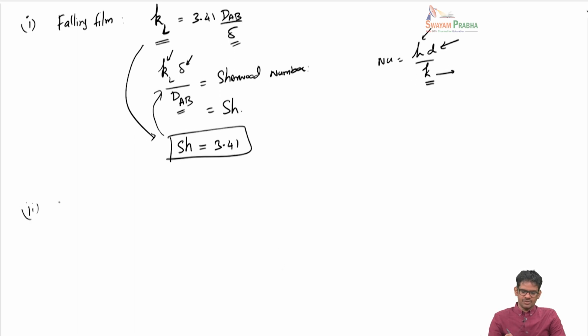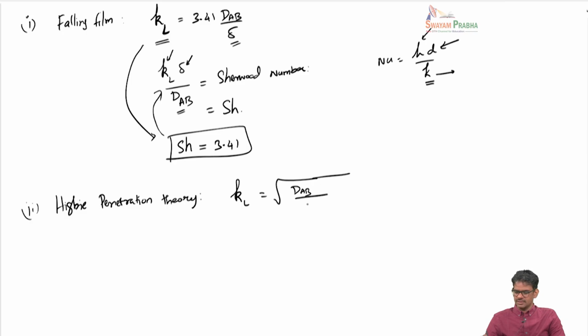Then there are theoretical approaches like Higbie's penetration theory, which predicts kL as square root of DAB divided by pi theta, where theta is some time constant or time scale associated with this penetration theory.